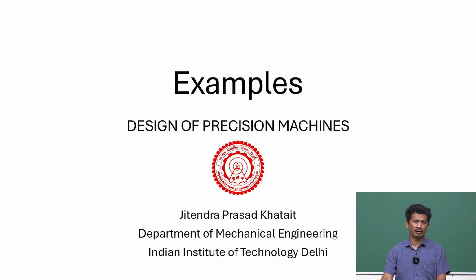There are many things: the actuation, sensing, there are again materials. So one course may not be enough. There are many things to discuss. So this is just a start, and we have talked about the basic ingredients, the fundamentals.